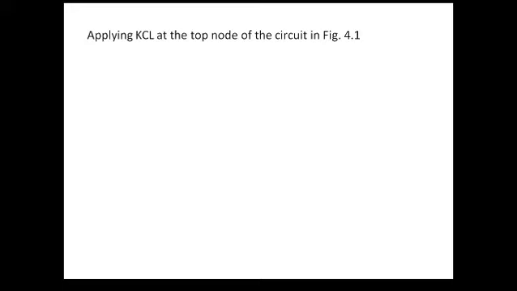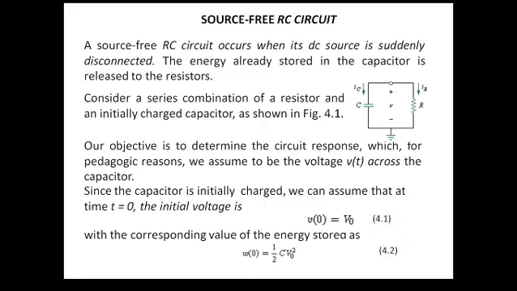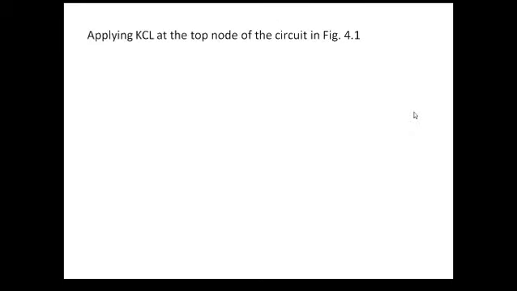By applying KCL at the top node of the circuit, IC plus IR equals 0.